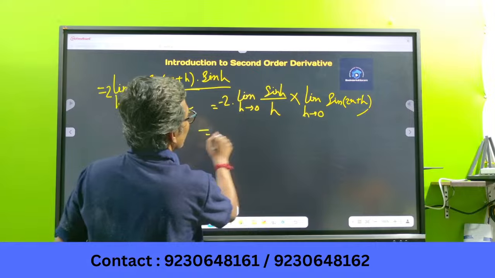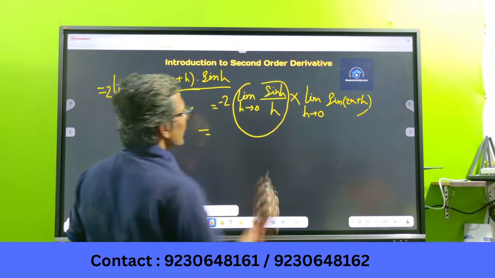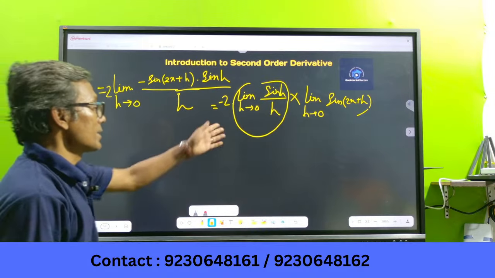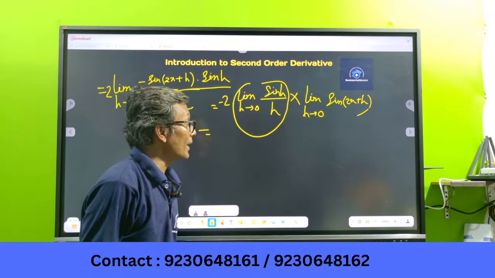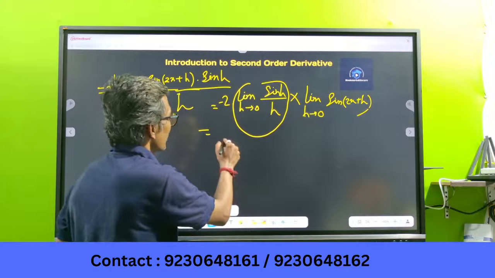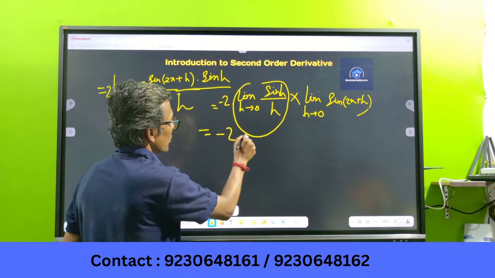This is the standard formula of limit: limit h tends to 0 of sin h by h is 1.